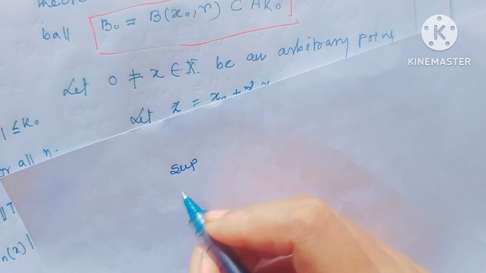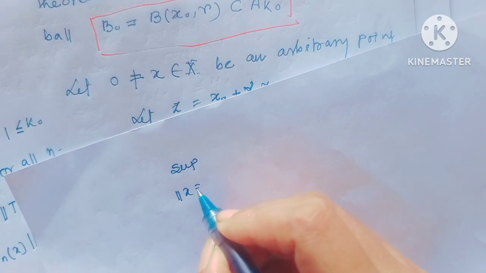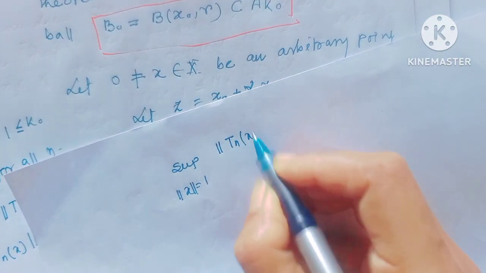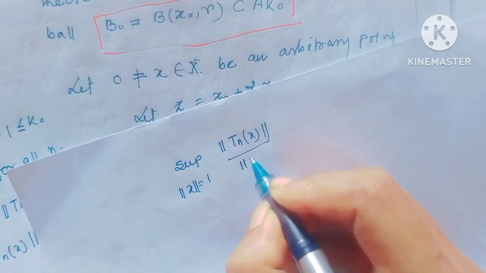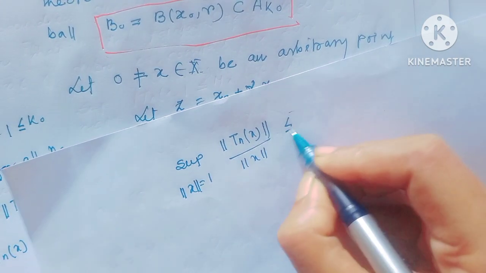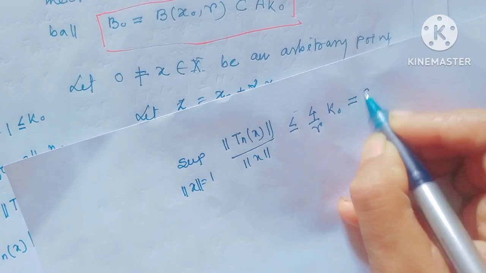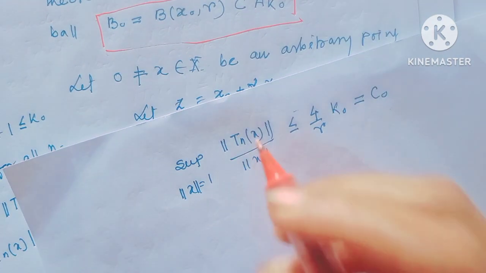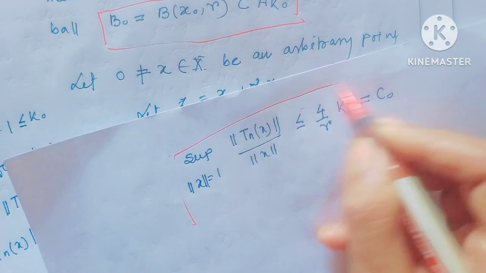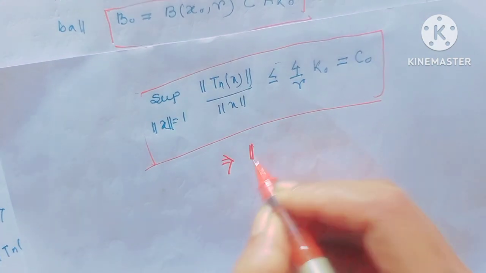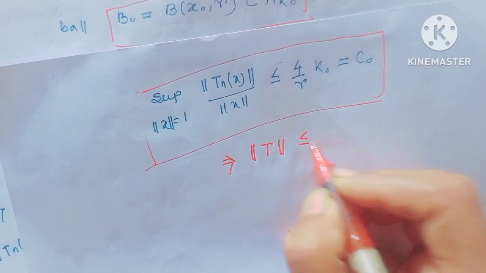supremum over norm x equal to 1 of norm Tn x divided by norm x is less than or equal to 4 by r k naught, which we can write as c naught. That implies norm T is less than or equal to c naught.